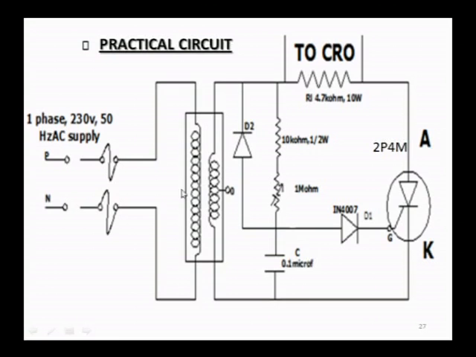So, this is the 9-0-9 transformer. Diode D2 is 1N4007, this is also 1N4007, capacitor is 0.1 microfarad, and this is a 1 mega ohm resistance, this is a 10 k ohm resistance half watt, and this is 4.7 k ohm 10 watt, and this is a 2P4M SCR.